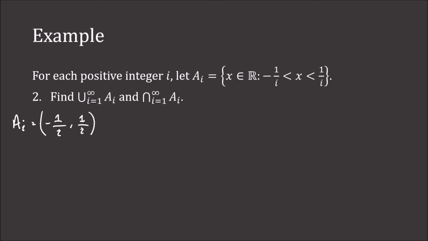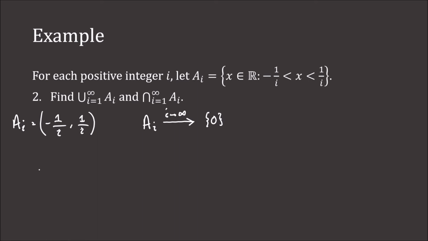And also notice that a sub i will converge as i approaches infinity to just the set 0. Both of these, as i goes to infinity, go to 0. And so x would go to 0. So it's only 0.